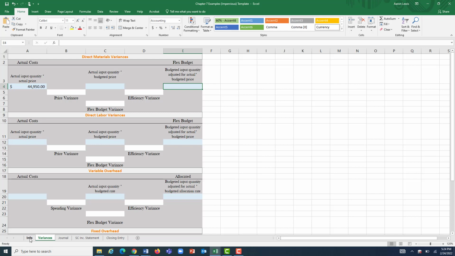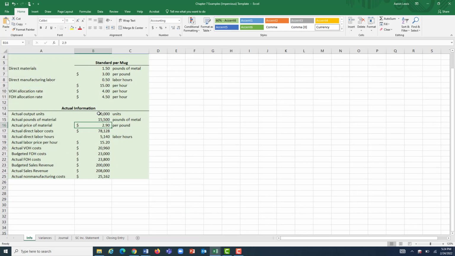In our info, it tells us that Impervious actually made 10,000 units. Well, they said at the beginning of the period that each one of those units should take 1.5 pounds of metal, and the price of metal should be $3 per pound.